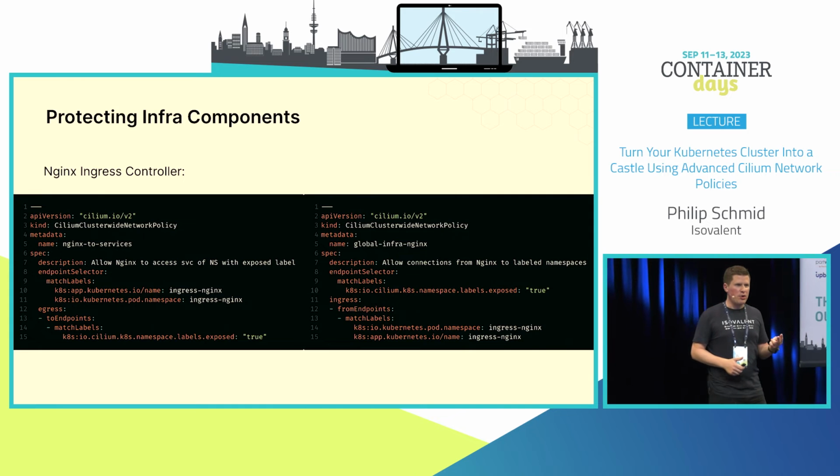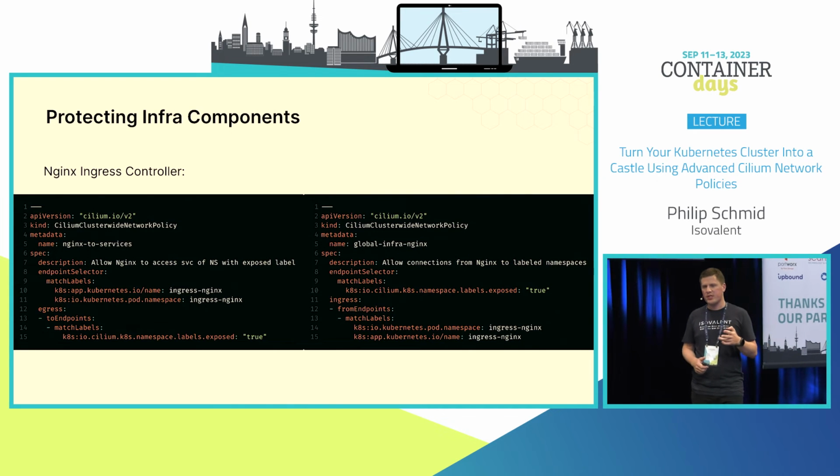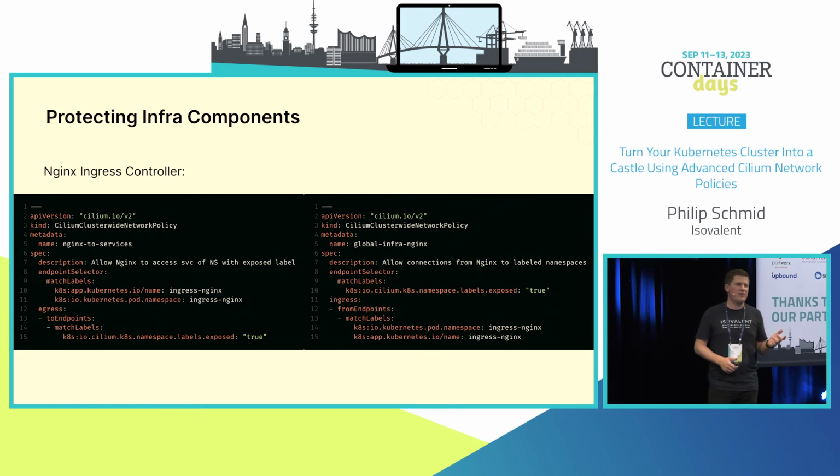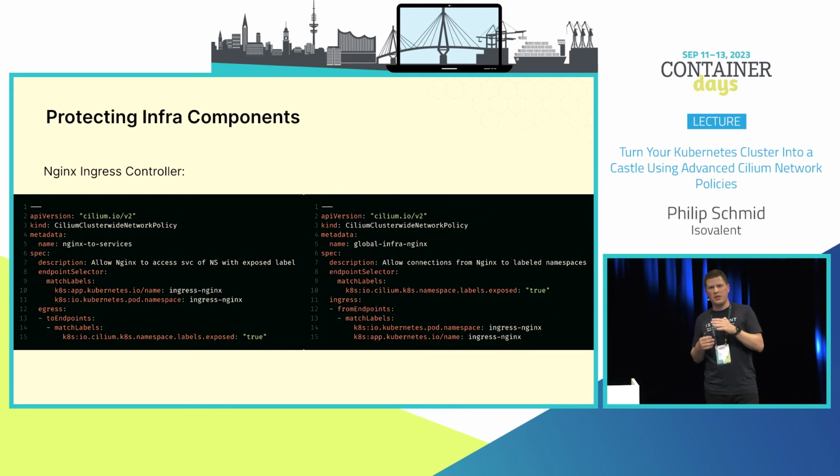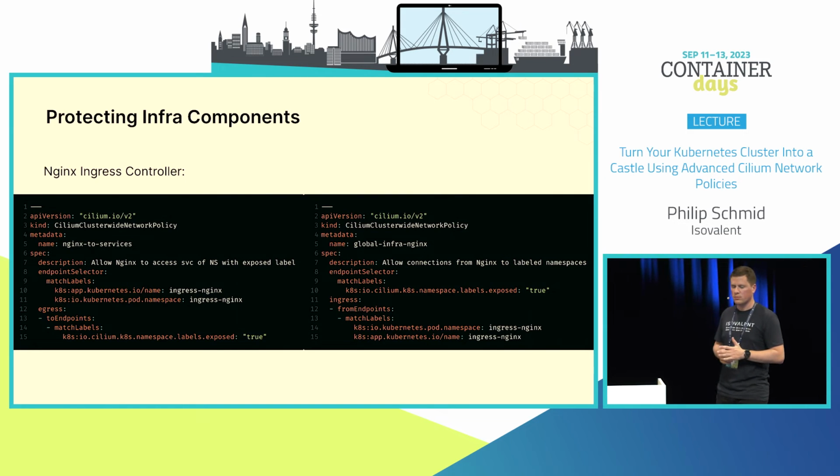We again need two policies, one in ingress and one in egress direction. First of all, on the left-hand side, we have the egress rule that is basically allowing our Nginx ingress controller to reach all namespaces that are labeled with a label called exposed equals true.